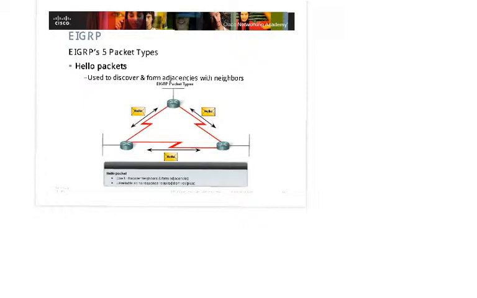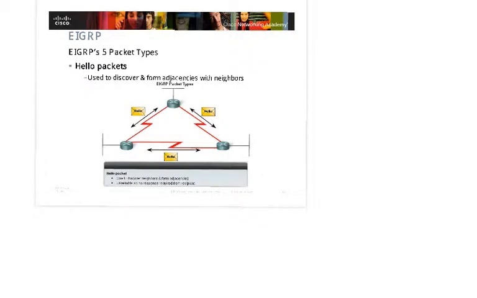The hello packets are sent every 5 seconds, and we discussed also the hold time, where if a router did not receive the hello packets within the hold time, then it declares the neighbor as not available.